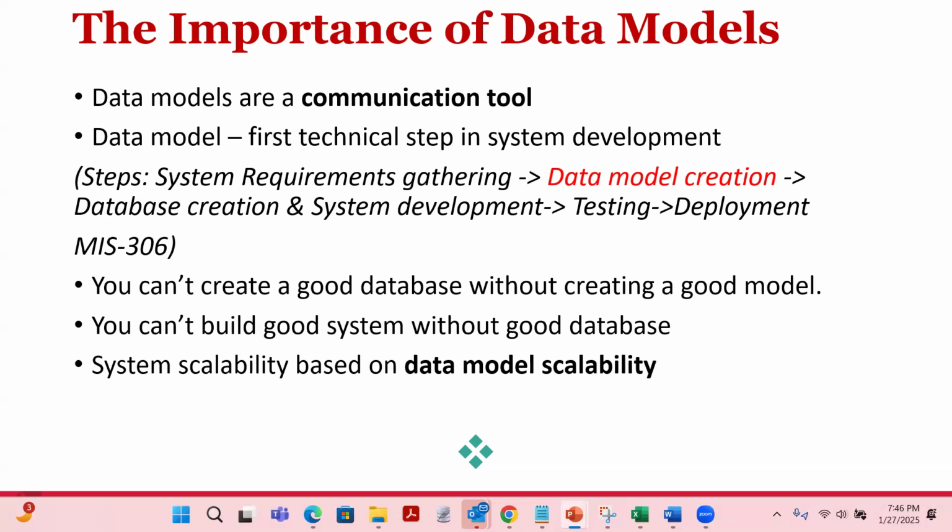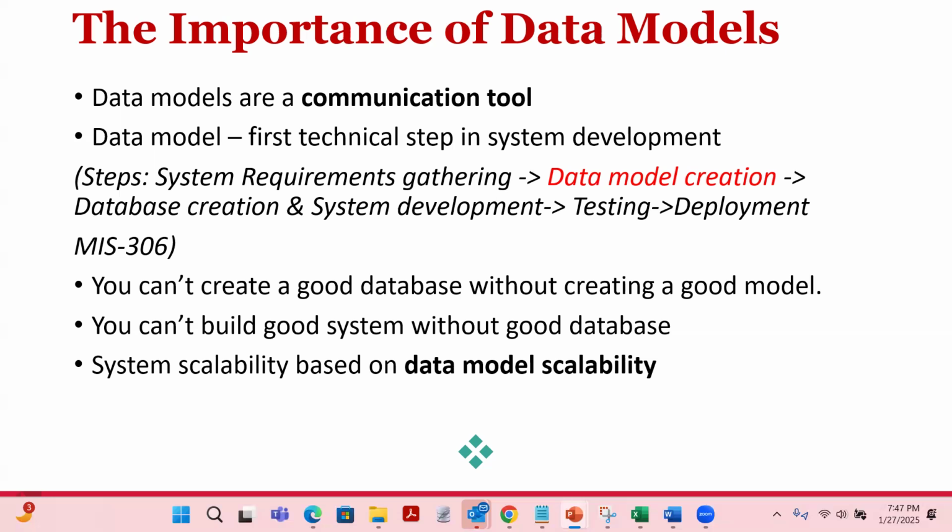So a good, functional system fully depends on how good your database model is. And system scalability is also based on data model scalability. Scalability is an ability to store more data within a system.